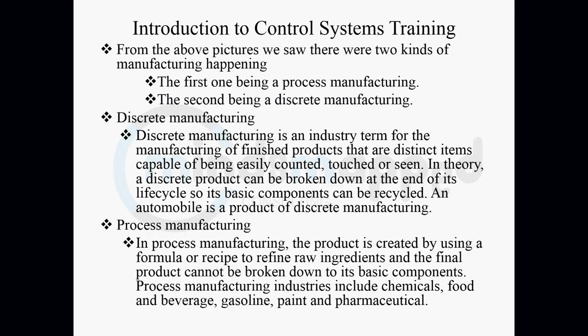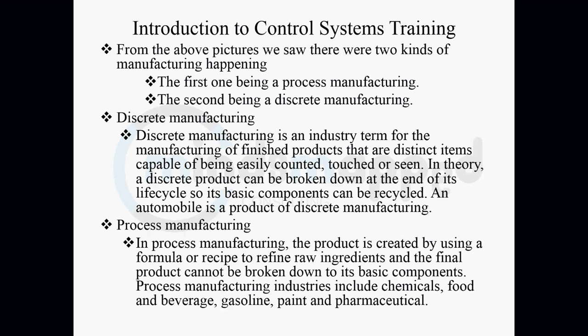So discrete manufacturing is an industry term for the manufacturing of finished products that are distinct items capable of being easily counted, touched, or seen. In theory, a discrete product can be broken down at the end of its life cycle, so its basic components can be recycled. An automobile is a product of discrete manufacturing. This is the same example that I just used, right?